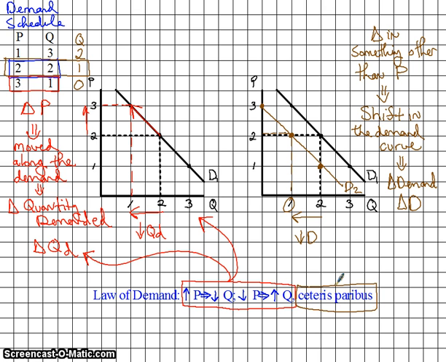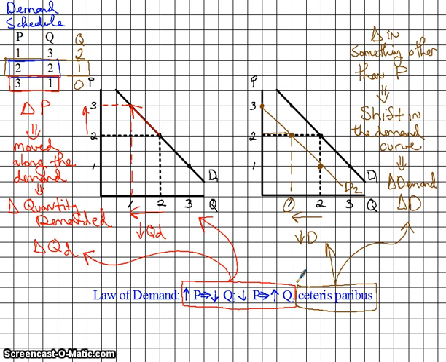That is connected with this graph and these statements over here. If something other than the price changes, like this new risky information connected with drinking apple juice, that causes the entire demand curve to shift to the left, and that is called a change in demand. So the second part of the law of demand is the shifting of the demand curve.